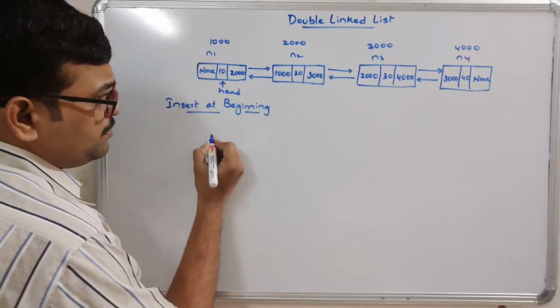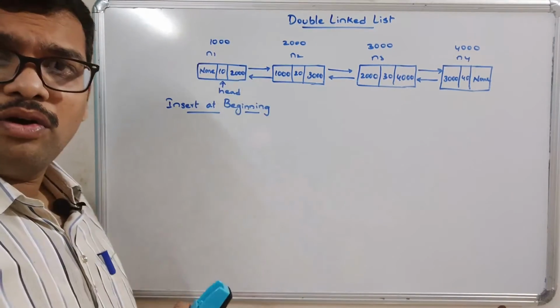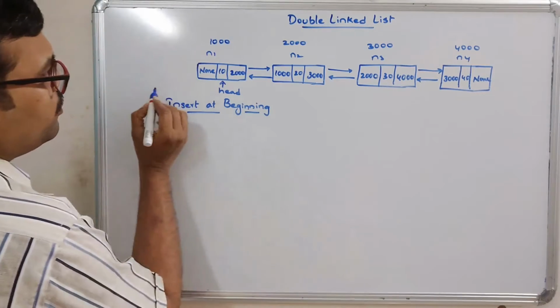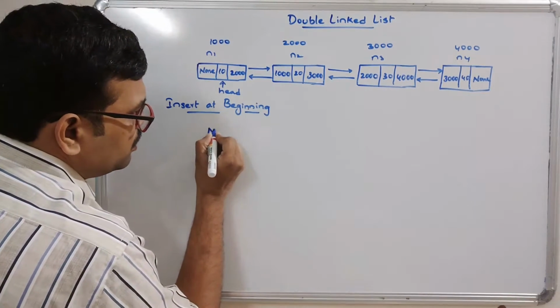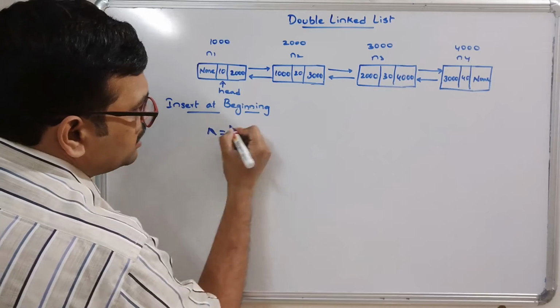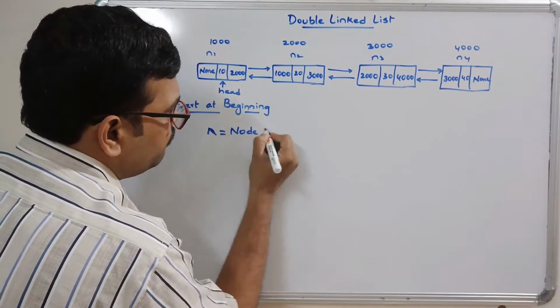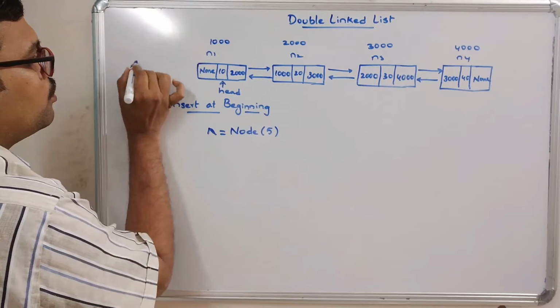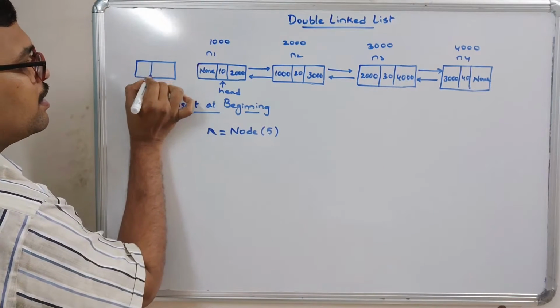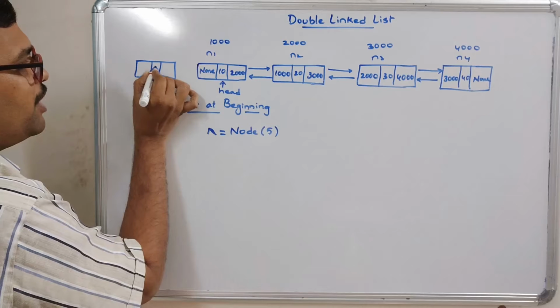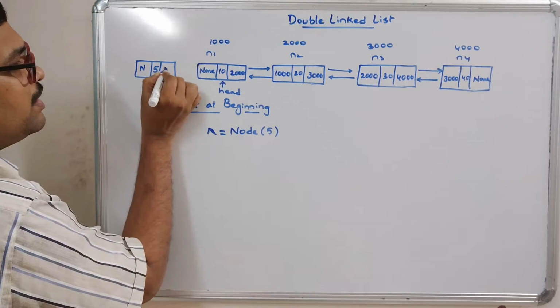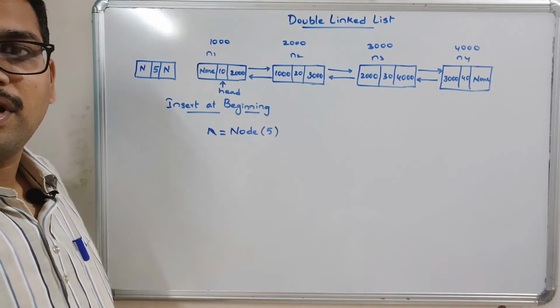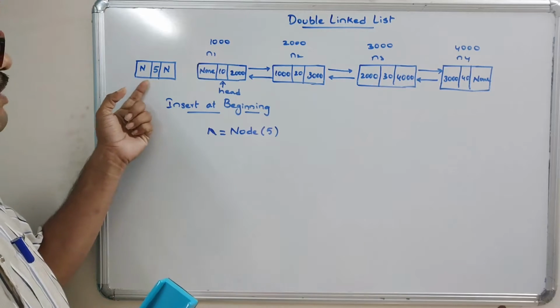Now if you insert the node at the beginning, what do we have to do? In order to insert the node, n is equal to Node of 5. If you give this, automatically one node will be created here with 5, and this is none and this is none.